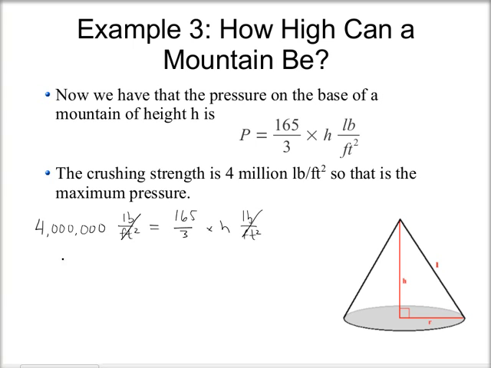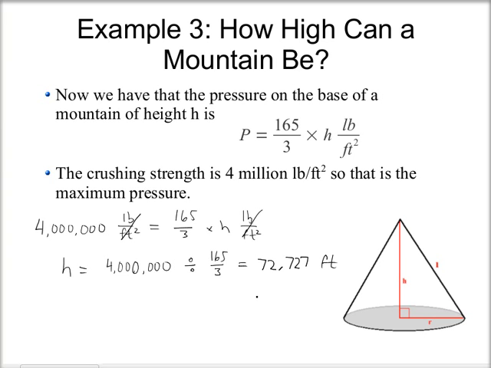So that's going to tell me h is equal to 4 million divided by 165 over 3. And if I put that in my calculator, that's going to give me 728,727 feet as the maximum height that my mountain can be.